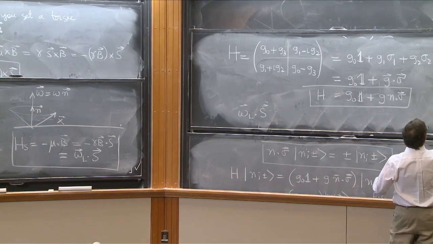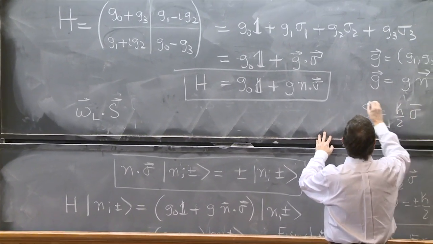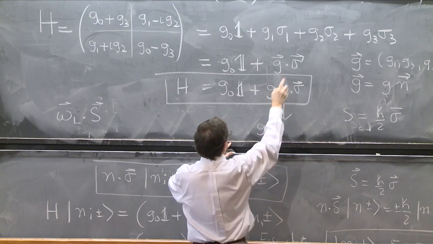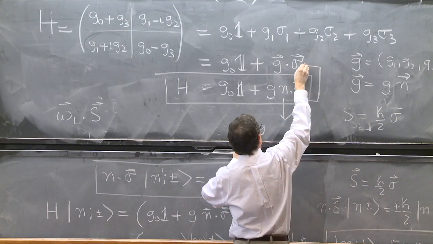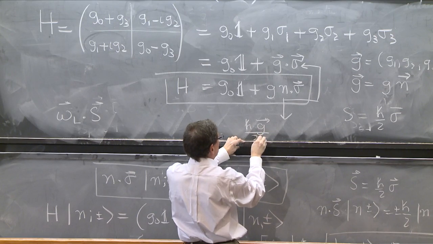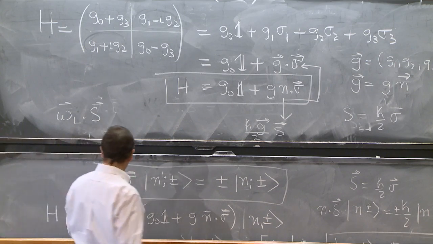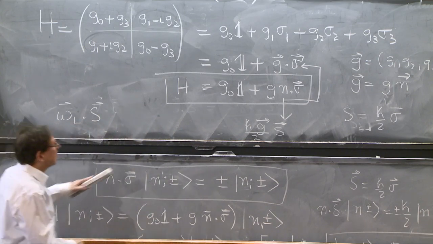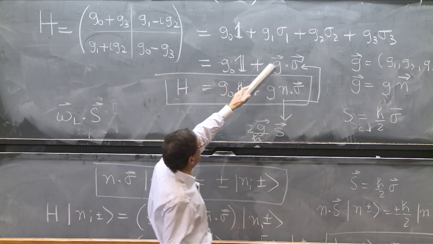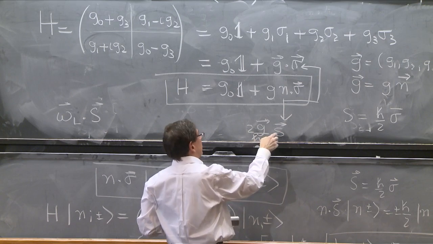So sigma and S, as you remember, S is h bar over 2 sigma. So this term can be written as g vector dot sigma, and sigma is 2 over h bar S. So g dot sigma is 2g over h bar S.